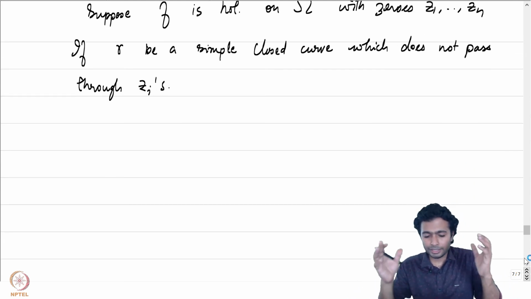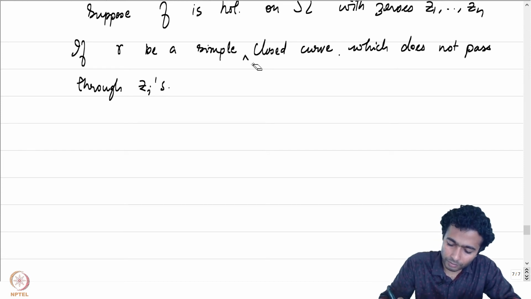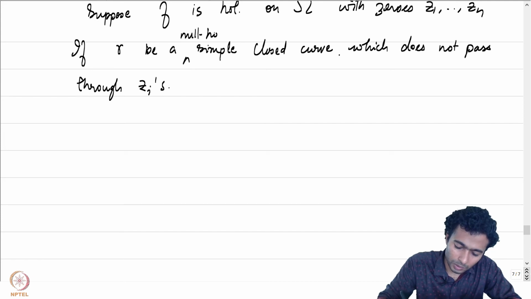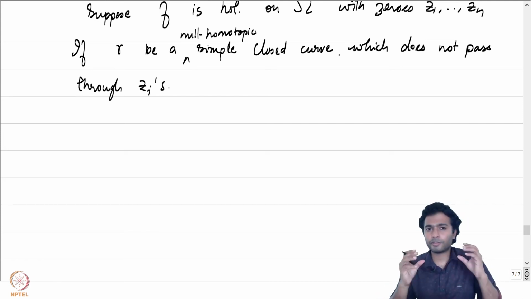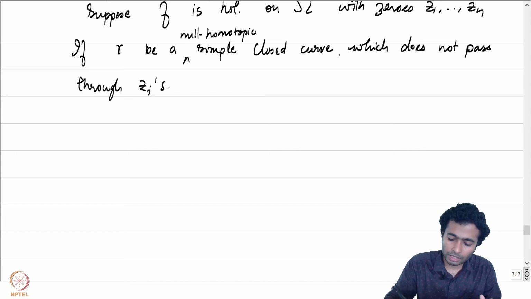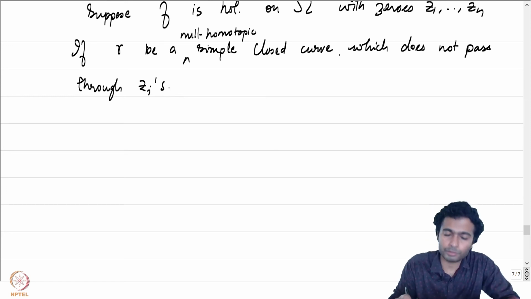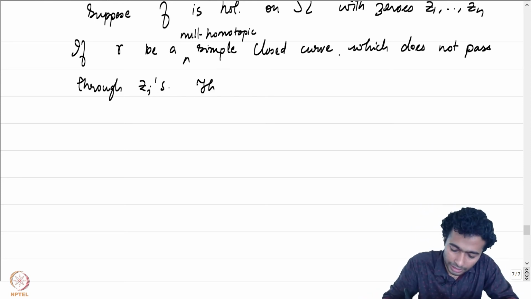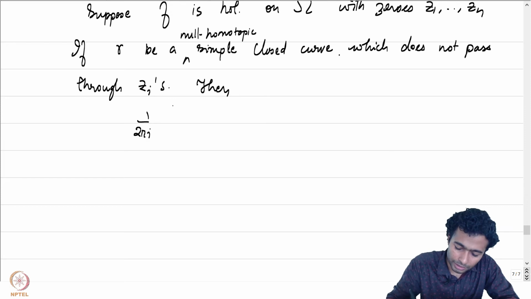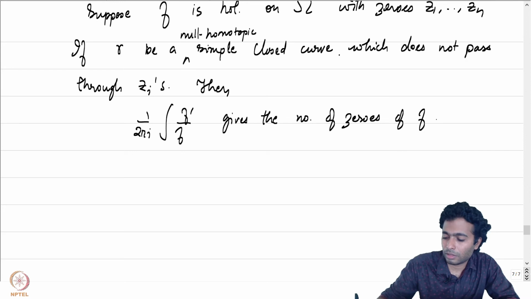Then the number of zeros in the interior of gamma, simple closed curve, null homotopic, where the image of the homotopy is defined, in that particular region the number of zeros counting multiplicities is equal to 1 by 2 pi i times the integral of f prime by f over gamma.